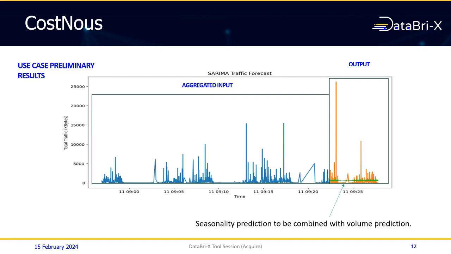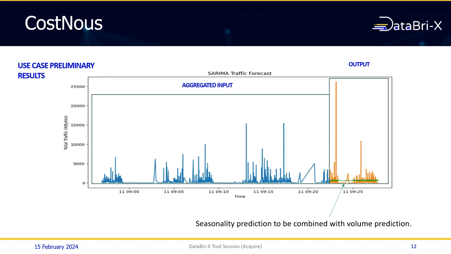So the first step will be to aggregate this data in order to take some insights. And in this example, we are aggregating in different time windows, and calculating the total amount of traffic in a specific amount of time.